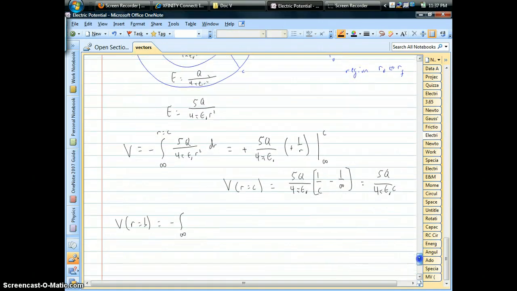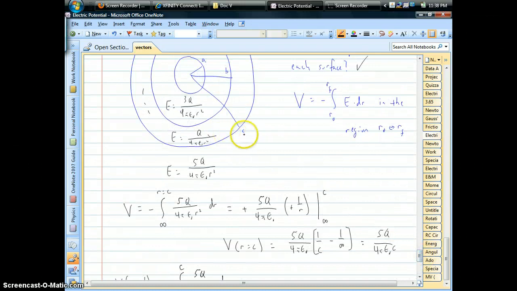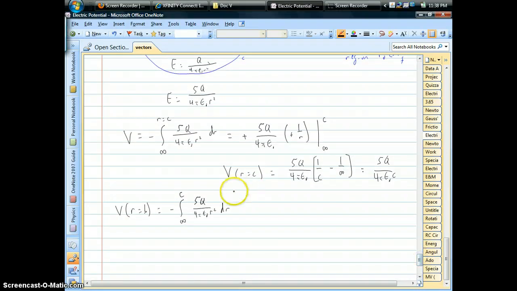So we have to do what we just did. We have to go through that electric field on the outside of the system. But now the trouble is, that only goes to surface C. Once you pass inside C, now you're in a whole different region in here. There's a different electric field.